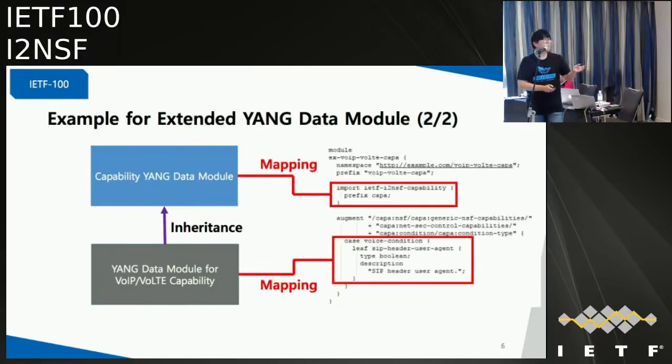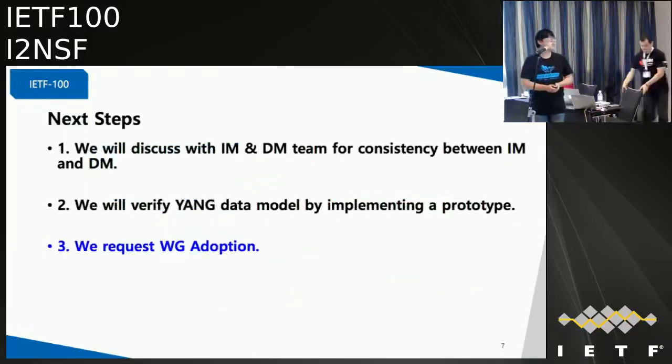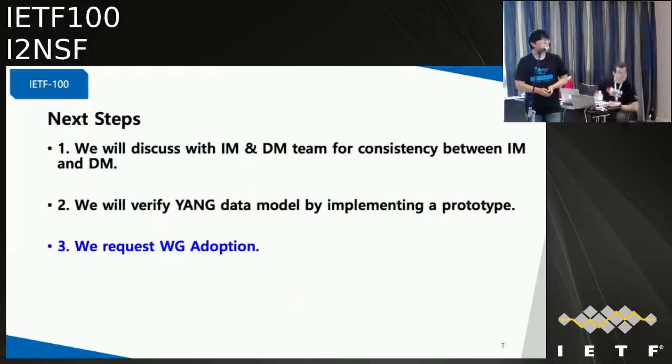As shown in this figure, a vendor can extend the capability YANG data model through inheritance. In the next step, we will discuss with the IM and DM team for consistency between IM and DM. We will verify the YANG data model by implementing a prototype. We request working group adoption.